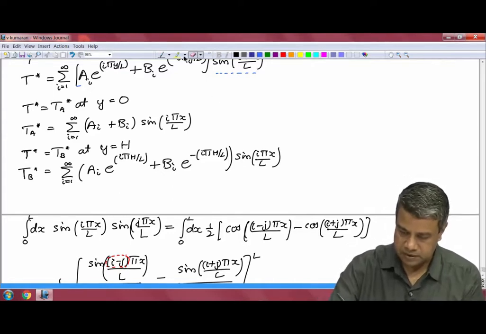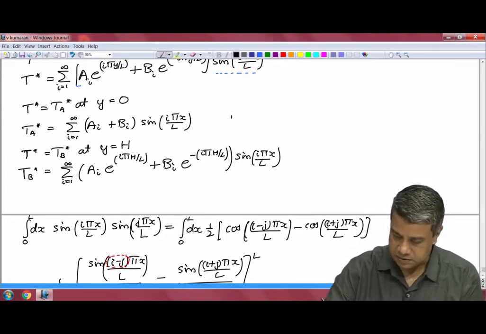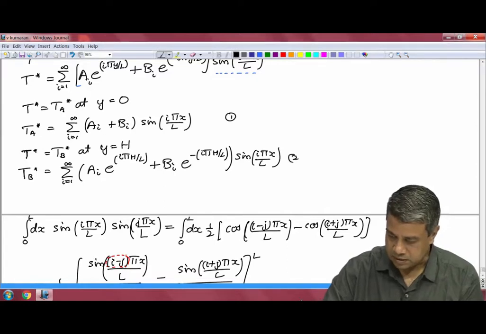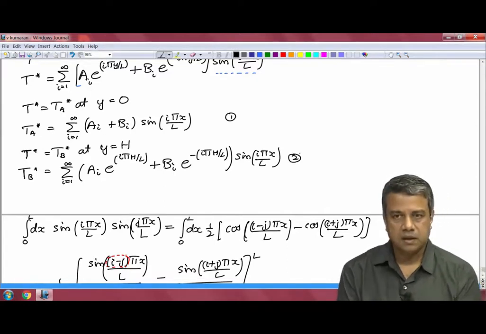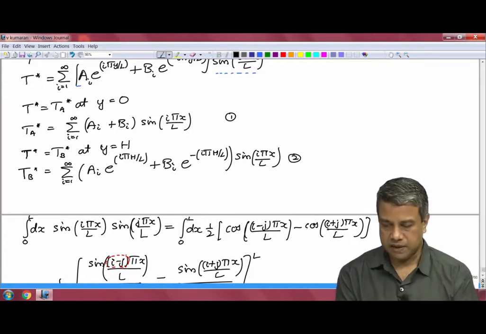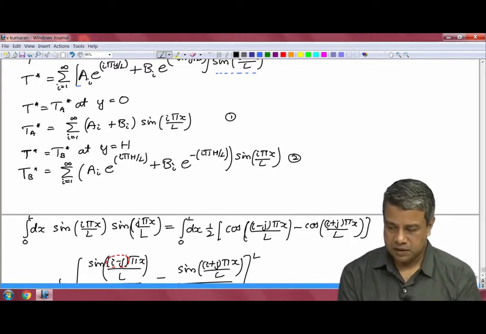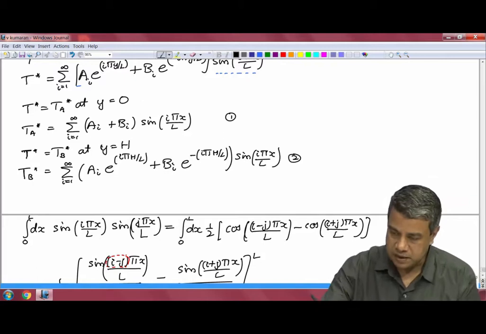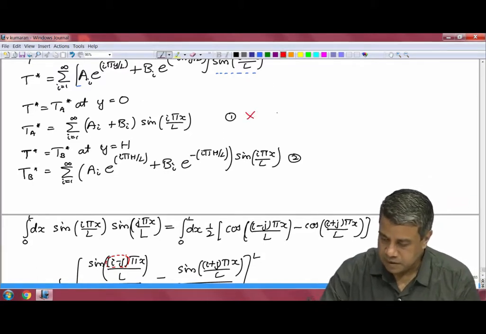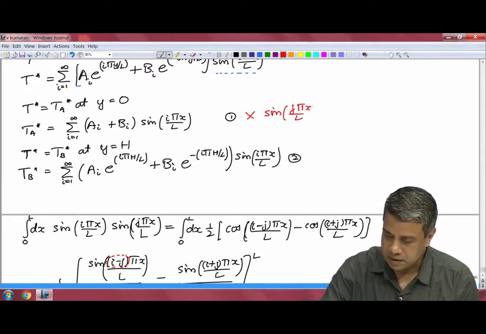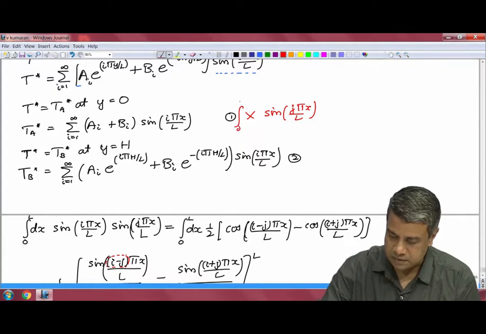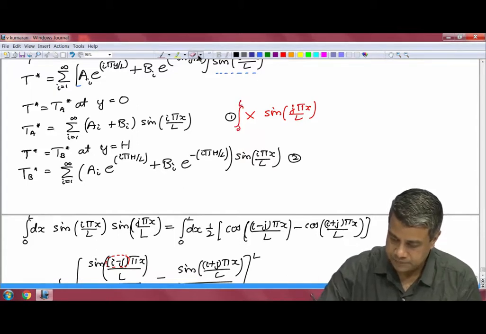This is equation 1 and this is equation 2. Both of these are multiplied by sine of i pi x by L. So, multiply both of these by sine of j pi x by L and integrate from 0 to L dx.